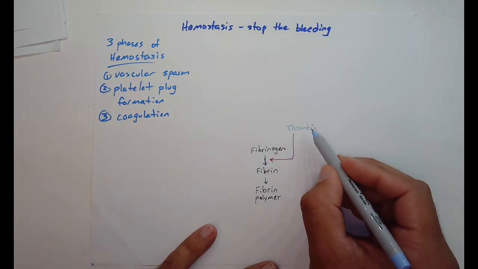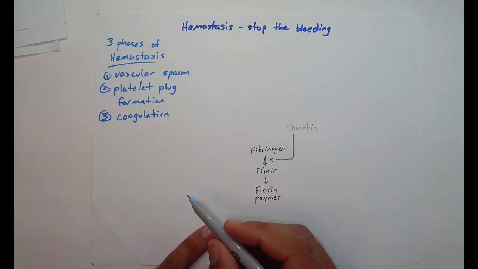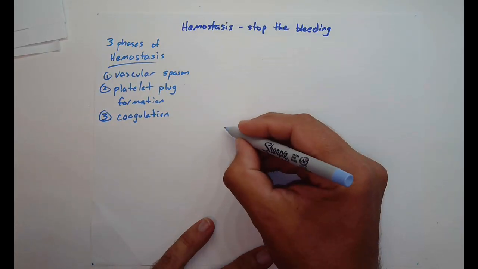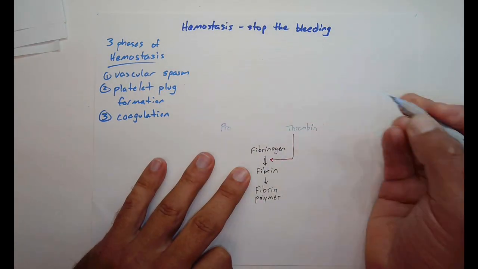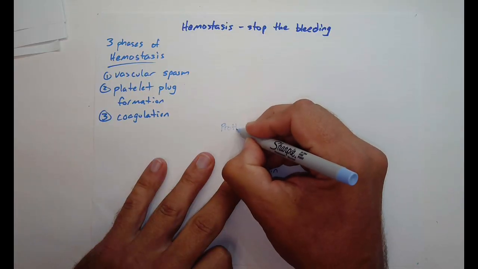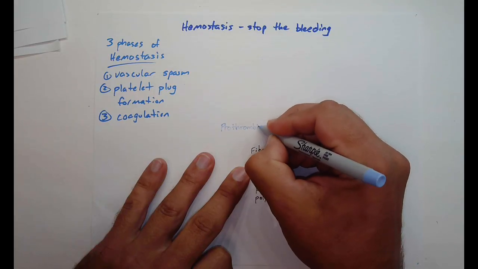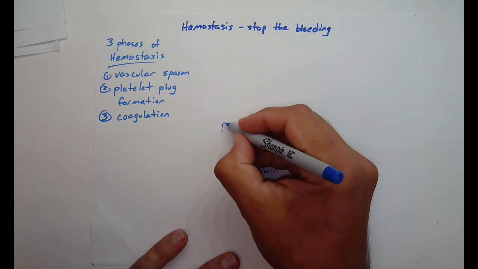So instead, what we have in our blood most of the time is called factor 2. What is factor 2? Factor 2 is actually called prothrombin. And if you haven't taken chemistry or biochemistry class, you may not know that pro is just another way of saying that this is an inactive protein.